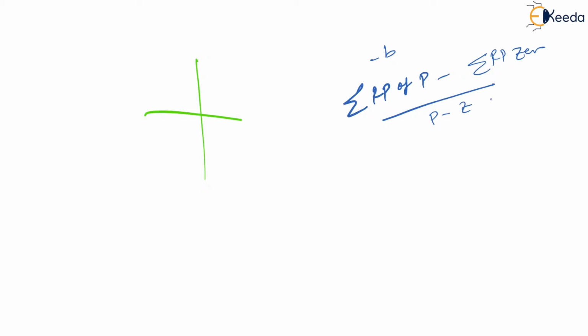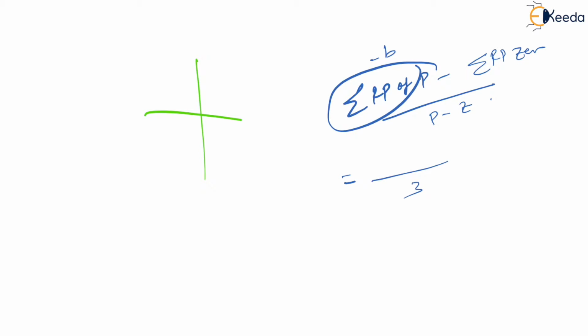Now, what is the centroid? Centroid is nothing but summation of real part of poles minus summation of real part of zeros, upon p minus z, which is going to be 3 only.